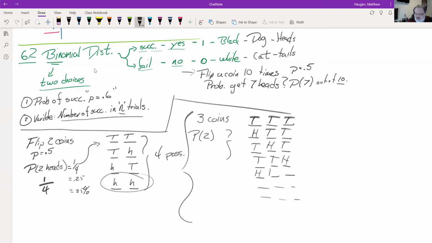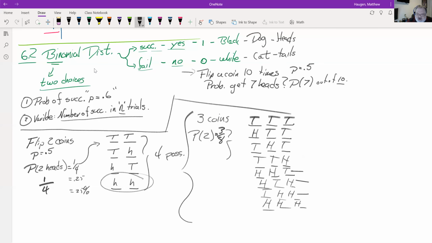Heads, heads, tails, heads, tails, heads, tails, heads, heads, heads, heads, heads. How many is that? 1, 2, 3, 4, 5, 6, 7, 8. We'd have to write out all of them and figure out how many have 2 heads. Well, that one has 2 heads, that one has 2 heads, and that one has 2 heads. So what's the probability of getting 2 heads? 3 out of 8.